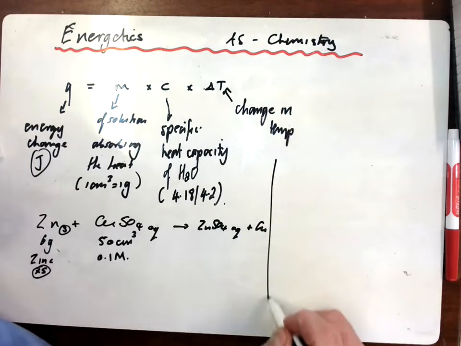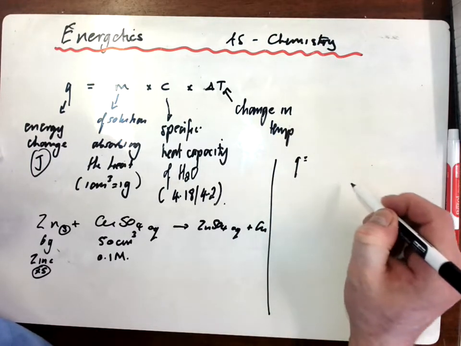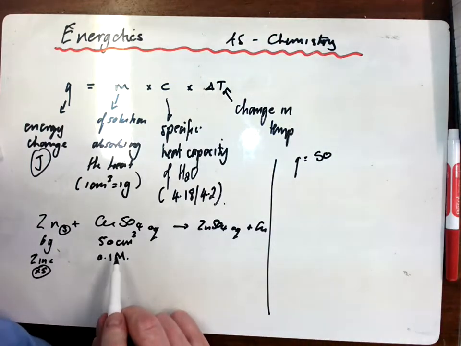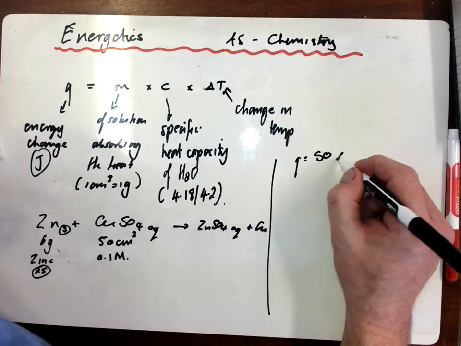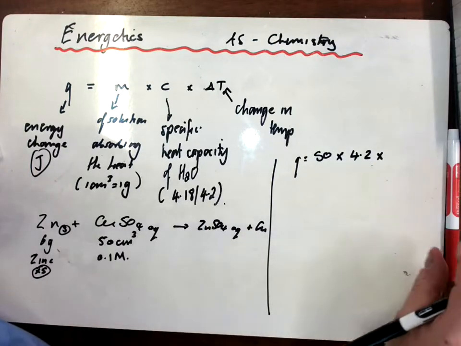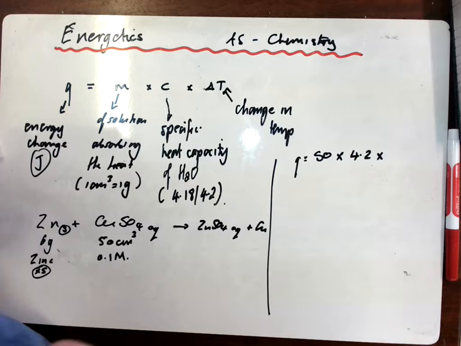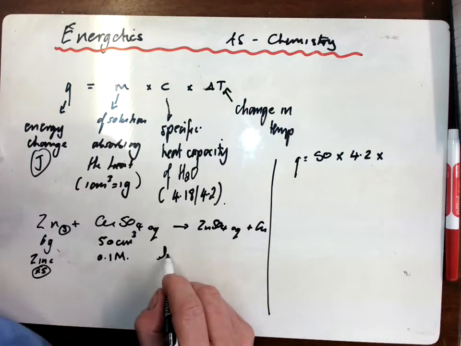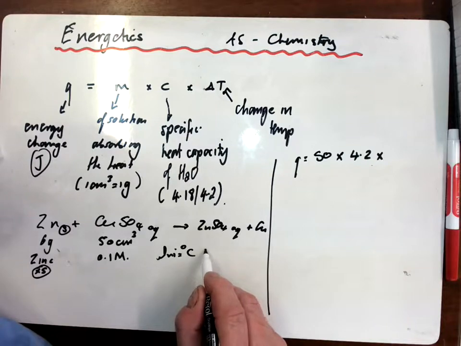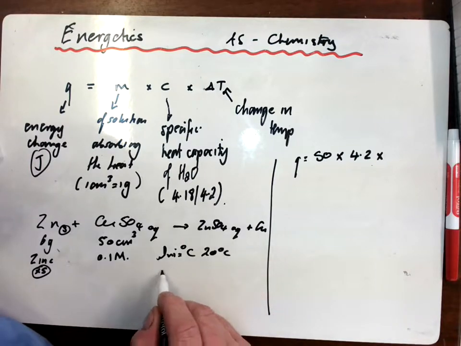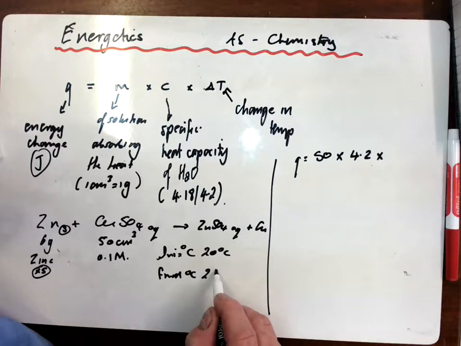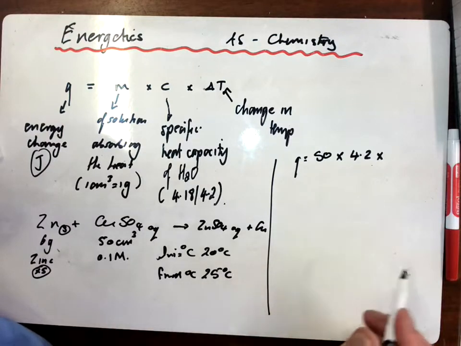So our first step in this is to work out Q, and Q equals M c delta T. M is 50 because 50 is the volume of the solution absorbing the heat. We'll say the specific heat capacity is given to us at 4.2, and for delta T, let's say the initial temperature was 20 degrees Celsius, and the final temperature was, we'll make it a nice round number, 25 degrees Celsius.